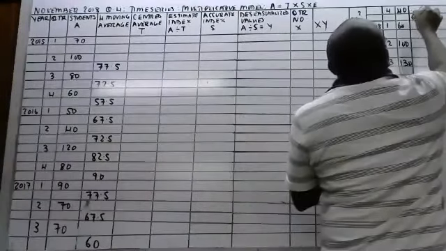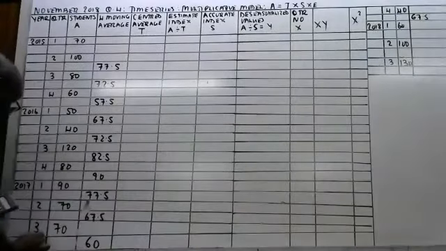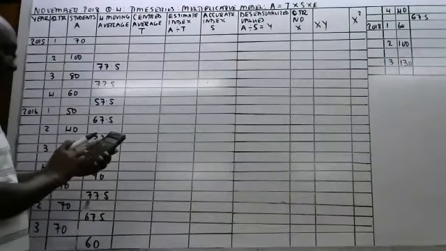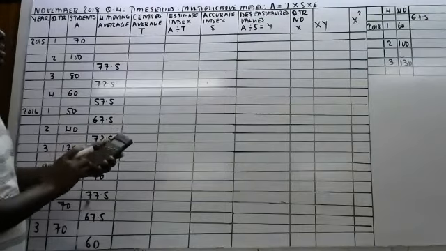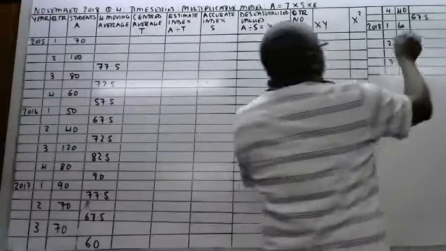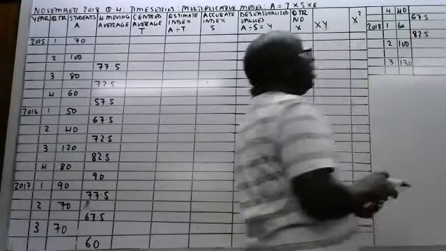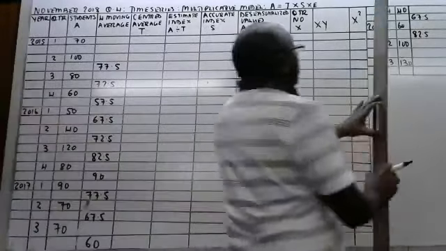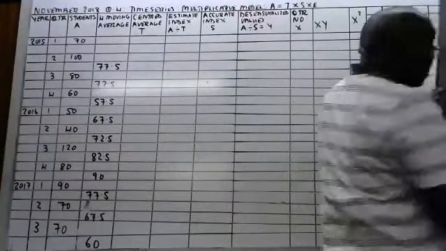You record 67.5. Now drop this 70, take 40 plus 60 plus 130. Divide by 4 is 82.5. So I believe we are together at that point.